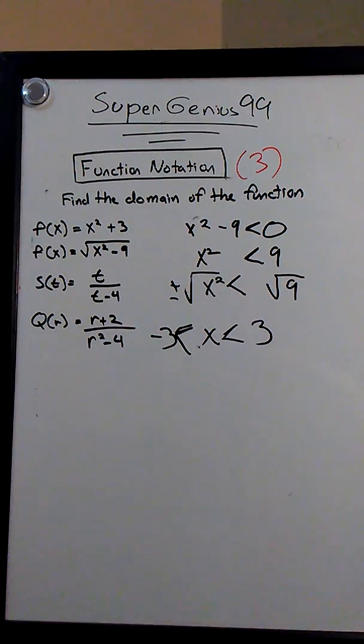So x cannot be in between the values of negative 3 and positive 3, because that will cause a negative under the radical.